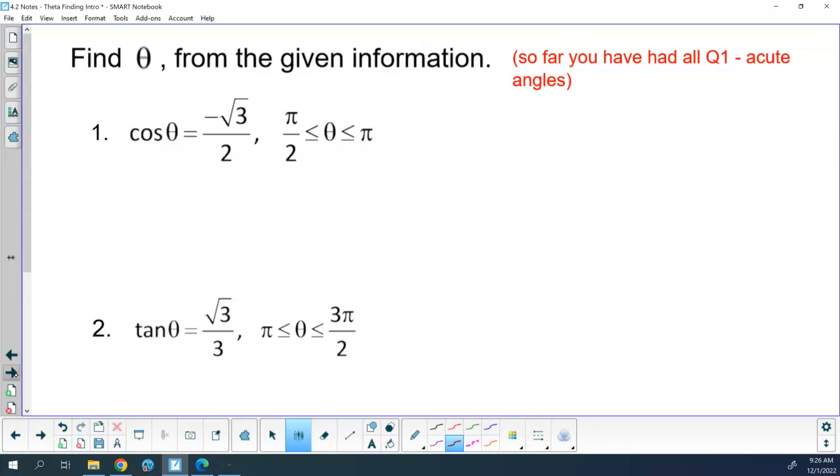What we can do, like in these two, is limit where theta can be located. That's one way of doing it.